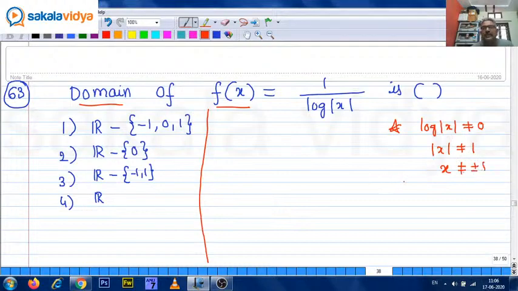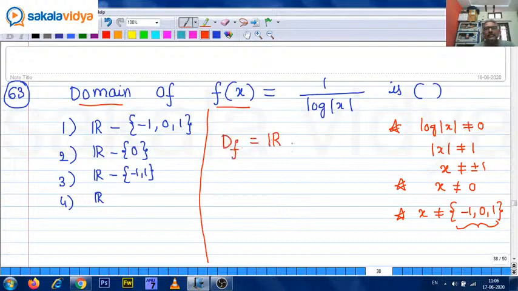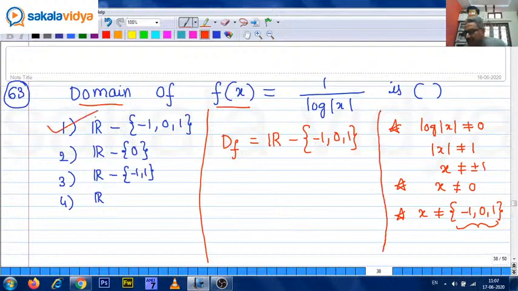Second basic fact is x should not be equal to 0. That means x does not belong to {-1, 0, 1}. Except these three values, any value is accepted as input. That's why domain of f is the set of real numbers minus {-1, 0, 1}. That's the answer. So first option is the right option.